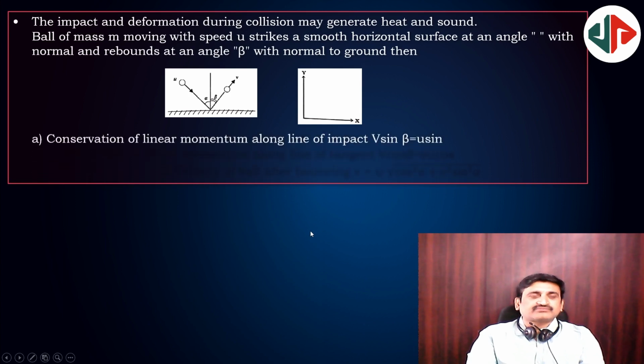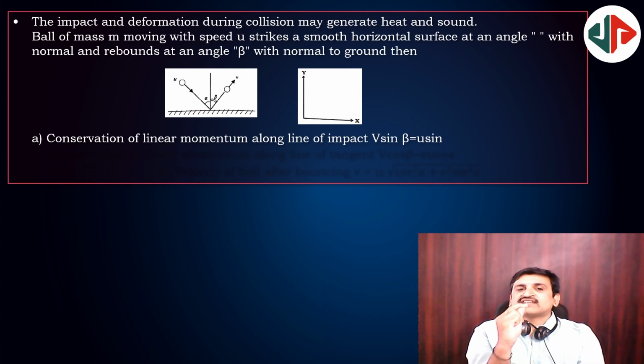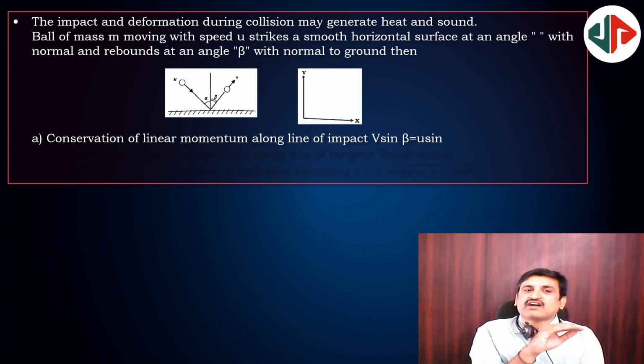Next, this is very, very important: oblique collision. Whenever a body collides with the floor obliquely with an angle of inclination alpha and bounces with velocity v at an angle beta, the floor is exerting force in the vertical direction. So only the vertical component changes in velocity as well as in momentum, but not in the horizontal direction.